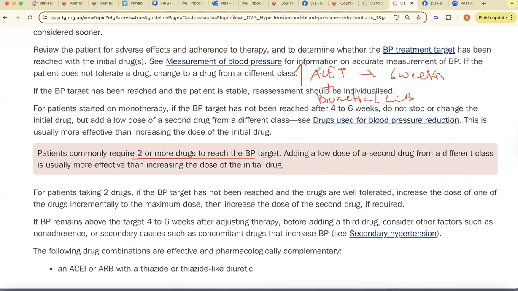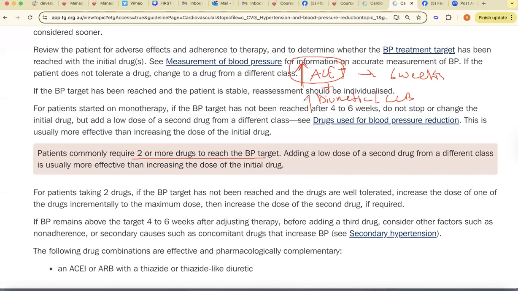So the best idea is that you started a monotherapy, wait for 4 to 6 weeks, still not doing much, then you add a second medication in a low dose. Then what will you do? Let's say for a patient who is taking the 2 drugs now, you can adjust the medication dose one by one. So you can increase the dose of one medication, wait for 4 to 6 weeks, see how you go, and then go to the maximum of that drug.